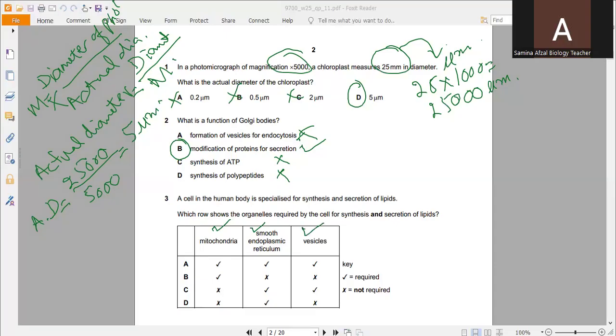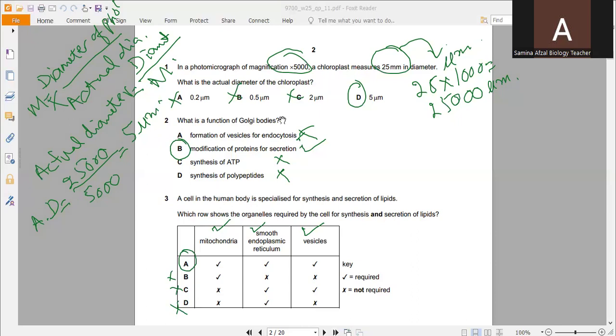So all these 3 organelles are required for synthesis and secretion of lipids. So A is the correct option. B, C, and D are not the correct options.